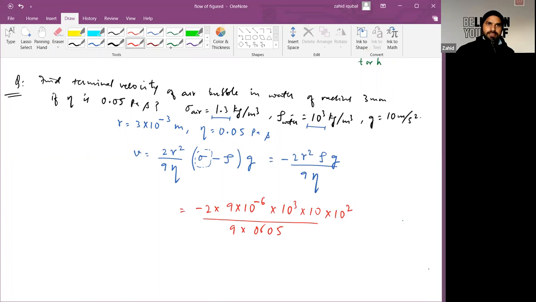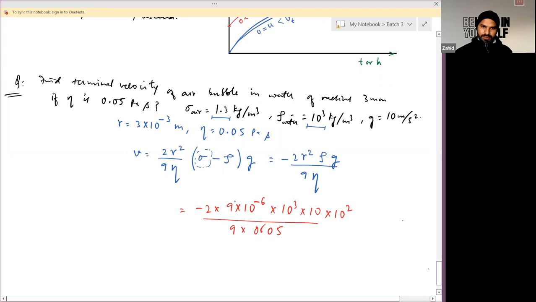Now, just cancel out the common terms. We have 10 to the power minus 6, 3, 1, 4, plus 2, 6. So you're left with 2 by 5 only. So it will be 0.4 meter per second only. Good, Atif.